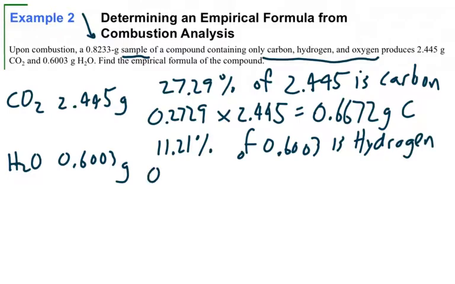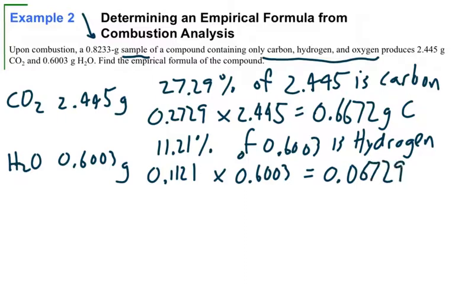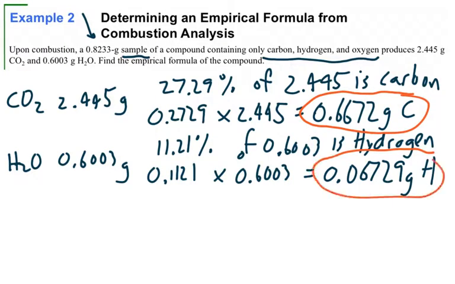So when we do the math, 0.1121 times 0.6003, and of course everything here is in grams, that when we do the math ends up being 0.06729 grams of hydrogen.